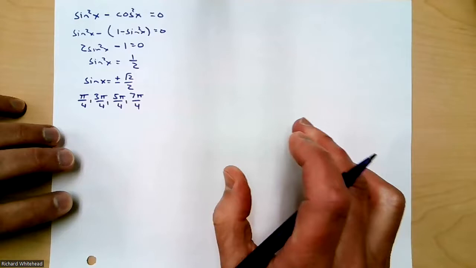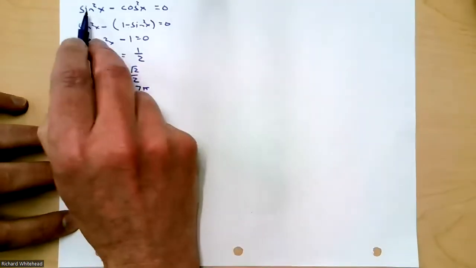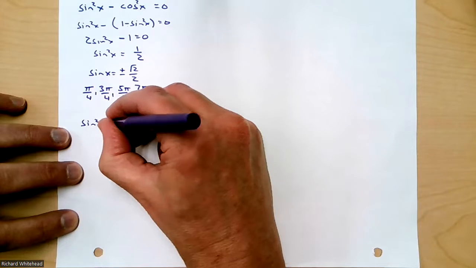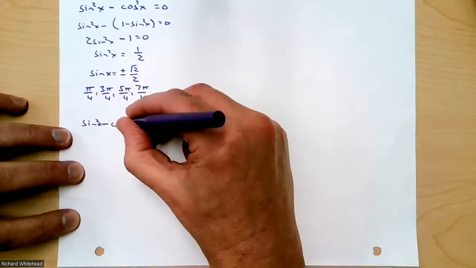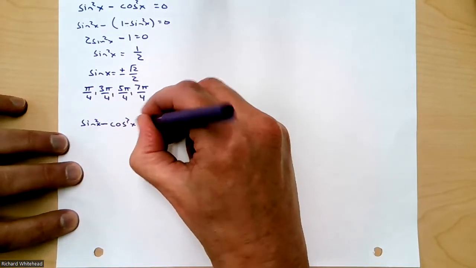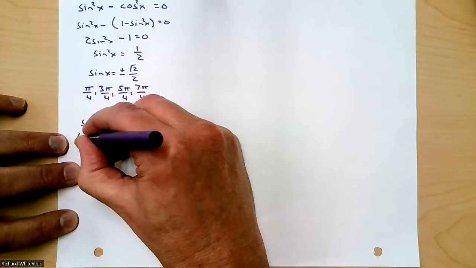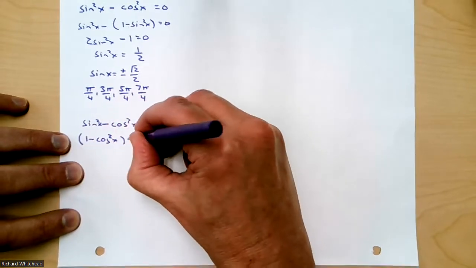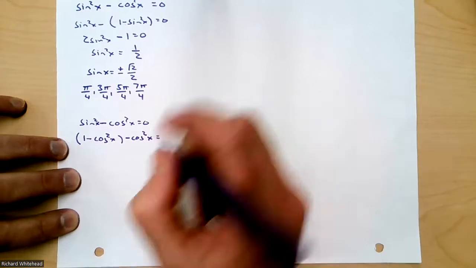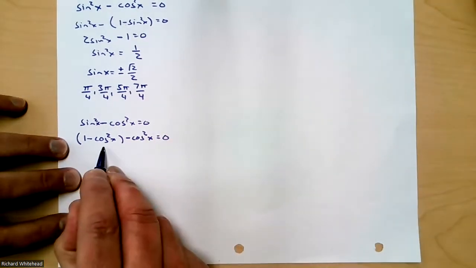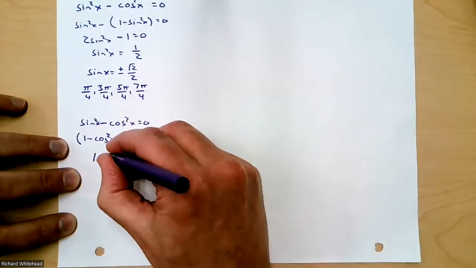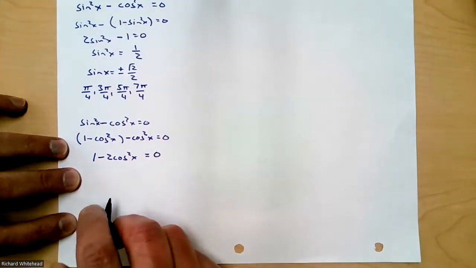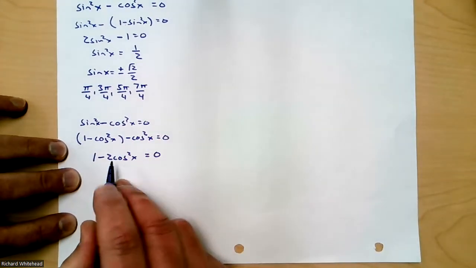Okay. But then somebody yells at me and says, no way, man, I would have substituted for the sine square. So let's do it another way, because you know there's always more than one way to work these problems. What if I had replaced sine square with 1 minus cosine square? Let's see what happens here. If I do some cleaning, I would get 1 minus 2 cosine square is equal to 0.